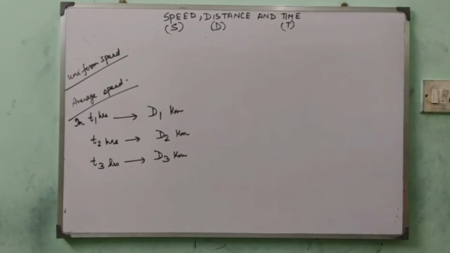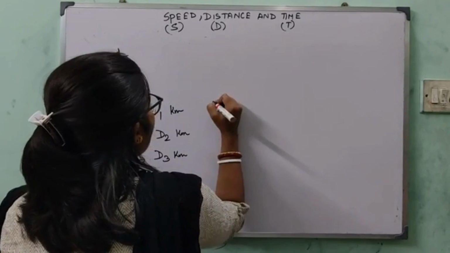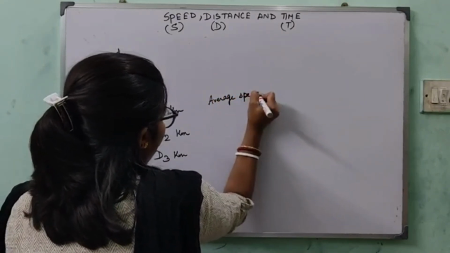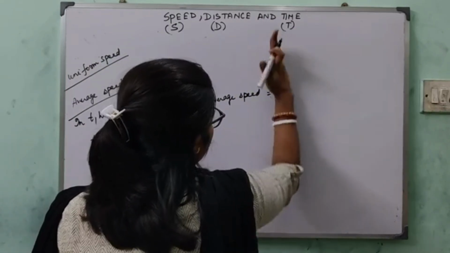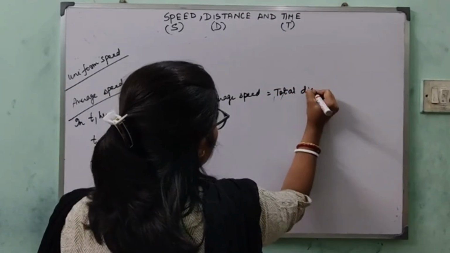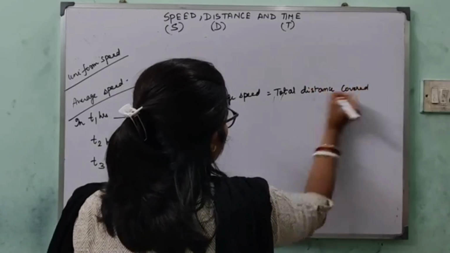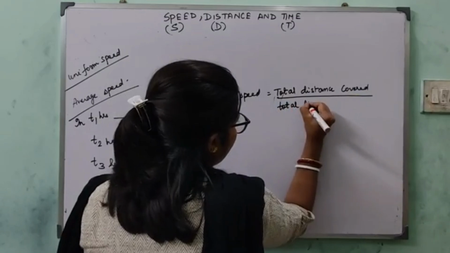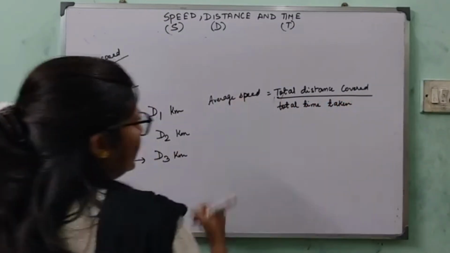So the body is having different distances covered in different intervals of time. So how do we find the speed? To find the speed in this case, we use the formula for average speed. And what is the formula for that? It is the total distance covered by the total time taken to cover that distance.